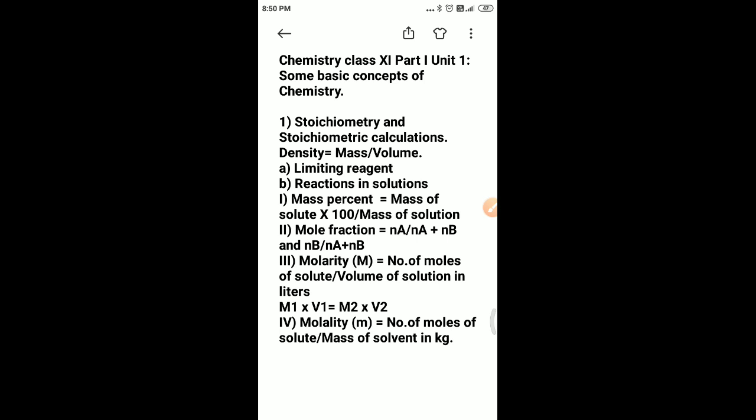So gases we can write as G. If liquid, we can write it as L, and if solids, we can write it as S. Here the coefficients of 2O2 and 2H2O are called stoichiometric coefficients.